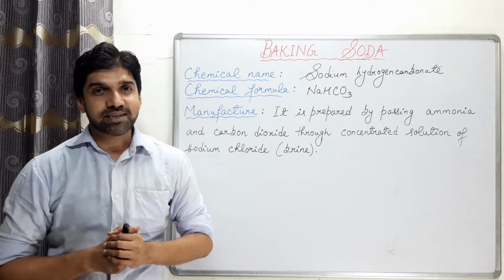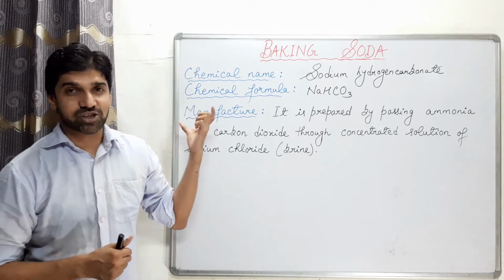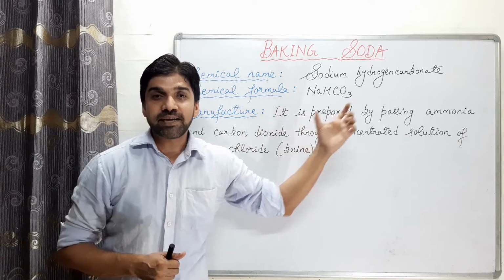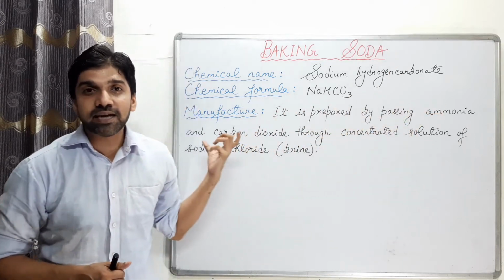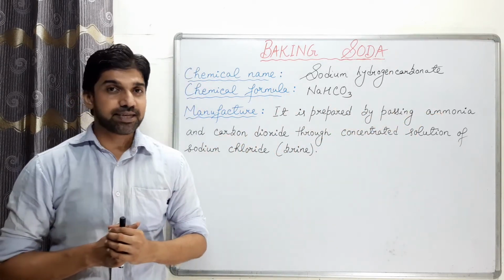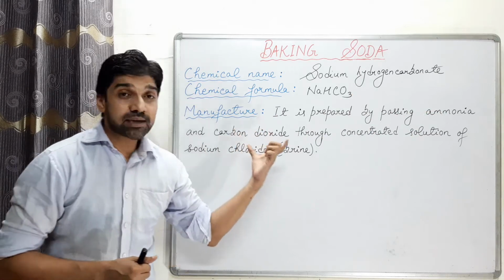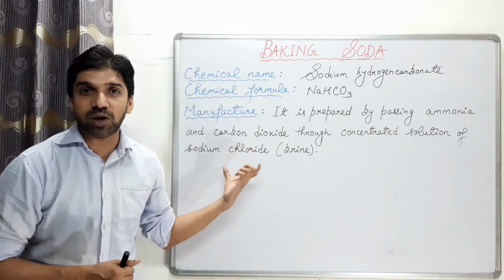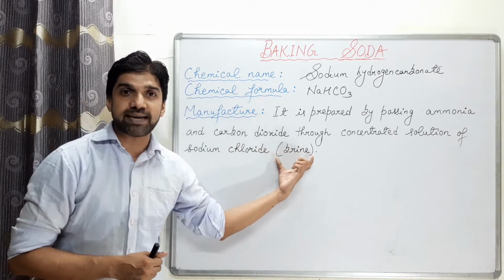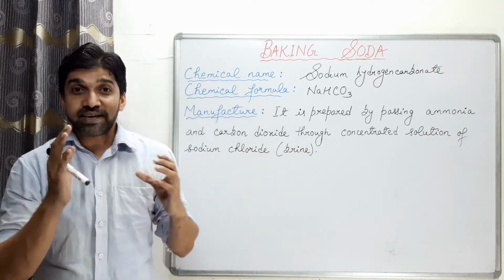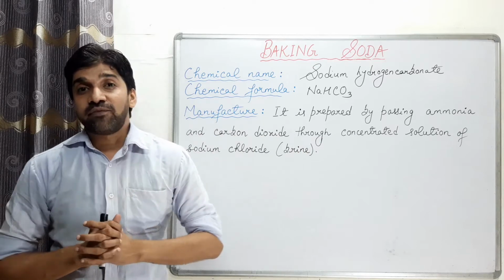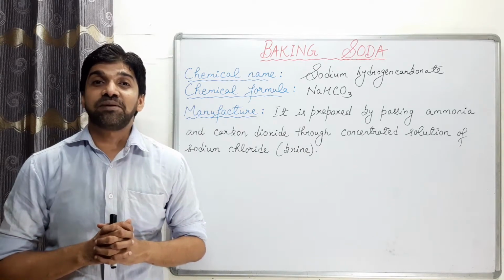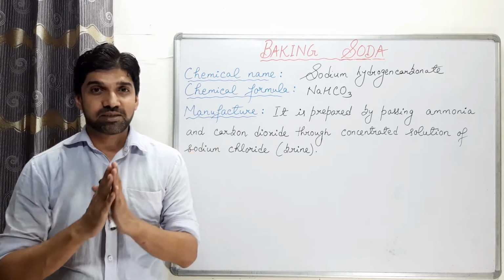Now let's discuss its manufacture. It is prepared by passing ammonia and carbon dioxide through the concentrated solution of sodium chloride, also known as brine solution. We have done this before when we discussed washing soda, its preparation by the Solvay process. What was its first step?